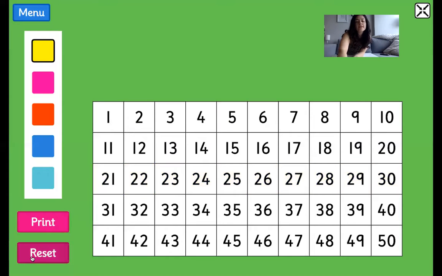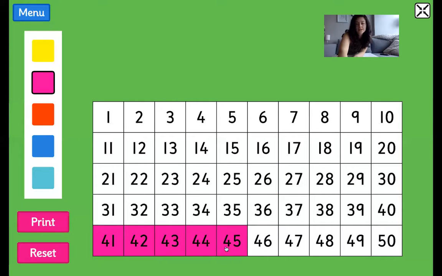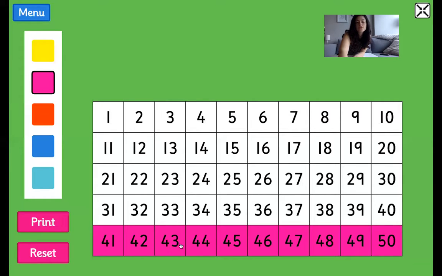Can you please find the 40s? That's right, the 40s are down here. And just like the 20s, the 40s have the number 4 at the beginning. And so every number in the 40s starts with the number 4.